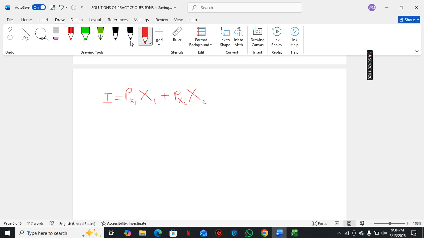So remember this: I, income; P1, price; X1, quantity; P2 again is price; X2 is quantity. I hope we're okay with that, colleagues. This is what these letters mean.